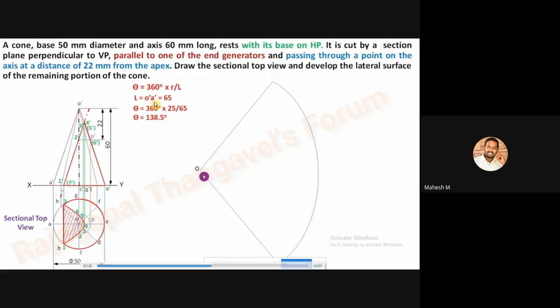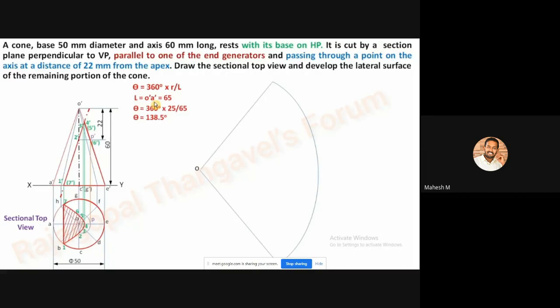So what is the angle for a single quadrant? So what angle will one single part get? We can find out the angle with the help of this value. So theta is equal to 138.5. You can find the angle for a single part, that will be 138.5 divided by 8.